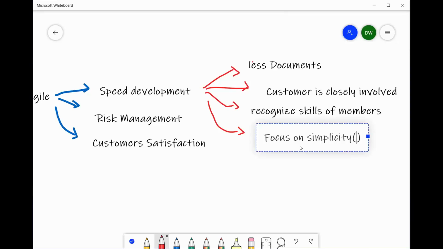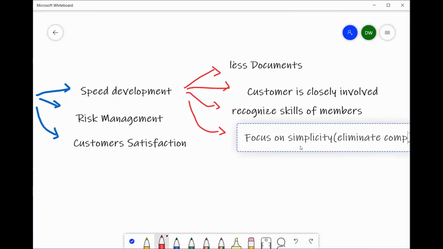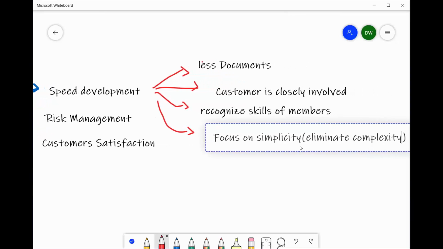So I'll write this as well. Eliminate complexity, right?